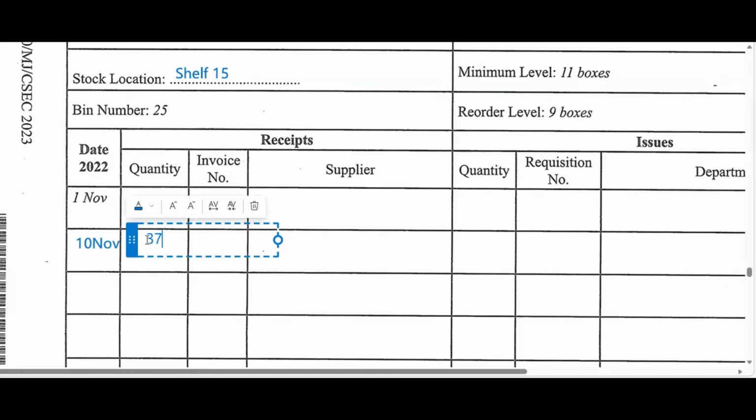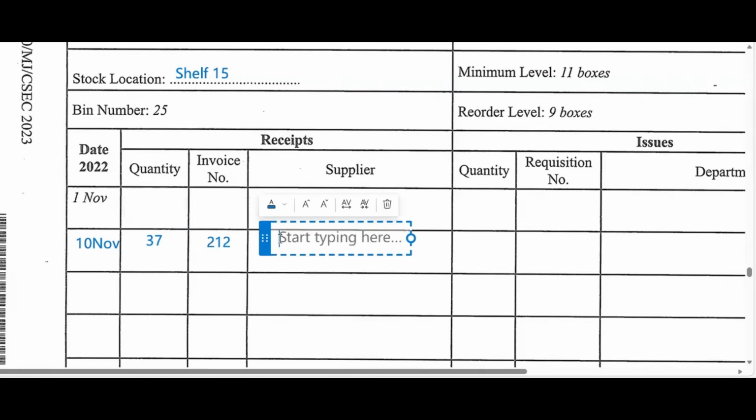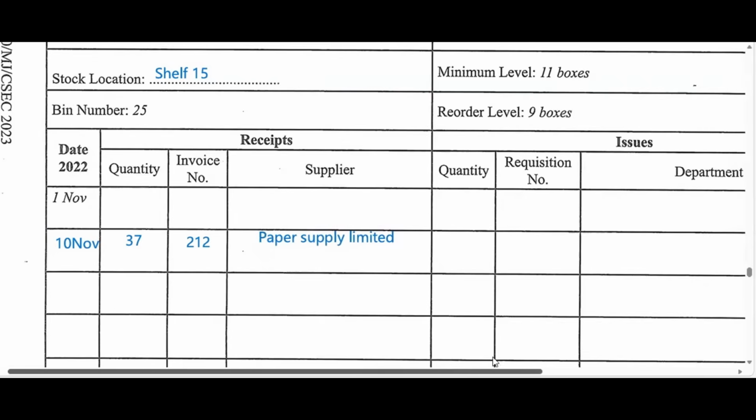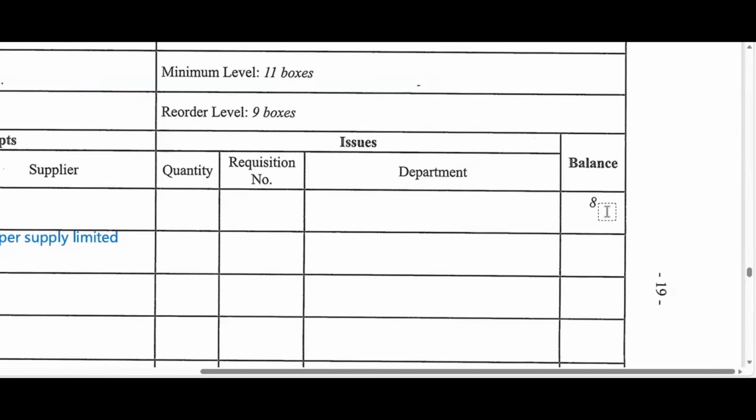Got 37 letter size paper. The invoice number 212. Supplier Paper To Supply Limited. And if we got 37, how much will the balance be? We're just going to add that 37 to the 8. So the balance now is 45. Means we have 45 white letter size paper in stock.